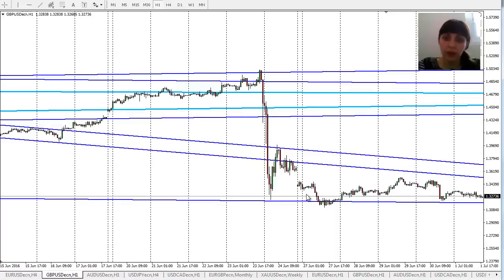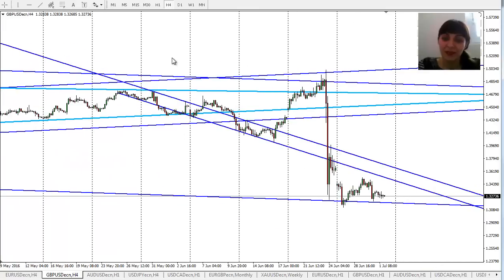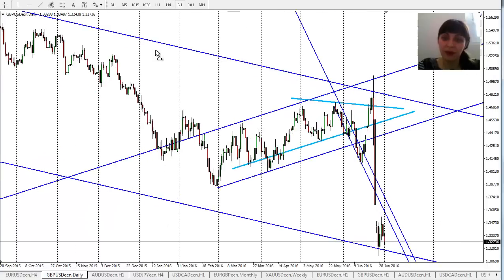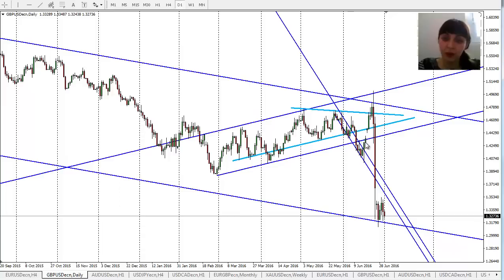Let's go look at the pound, and that's our main pair, pound dollar. The main movement was on the Brexit. You see how far it is, like a 1,600 pip drop. Okay, but as you remember, when I was making the previous technical analysis, I was kind of sure that the pound would go up.